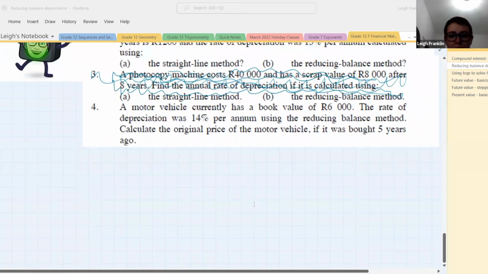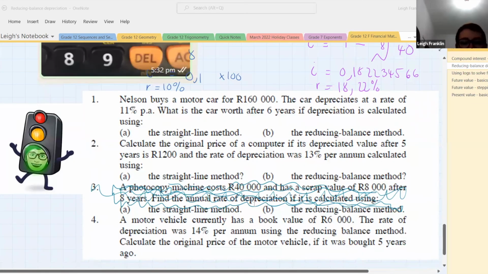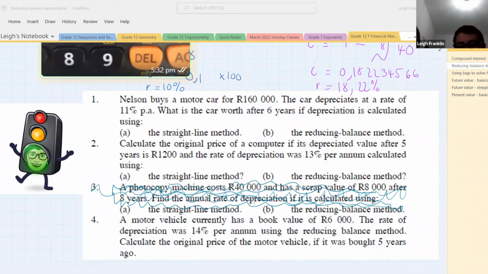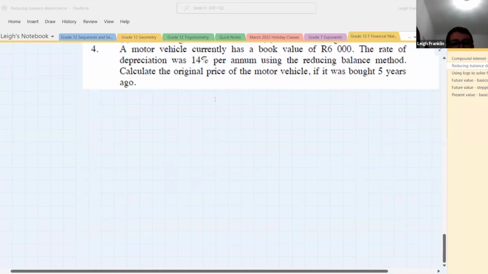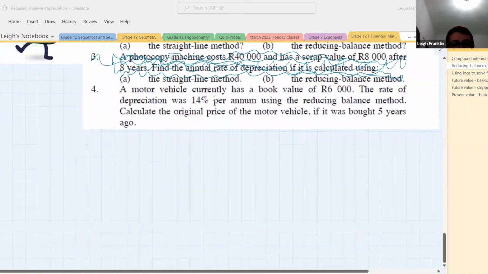Okay, so we should be sort of finishing off on number 4 now. I just want to spend a little bit of time talking to you about the next thing that we are going to do in financial maths.